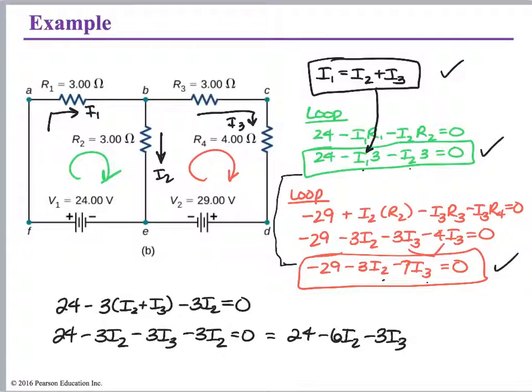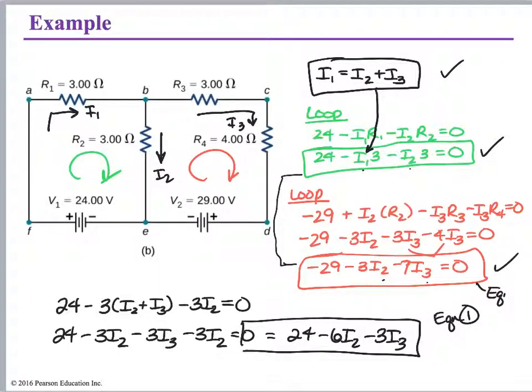Okay, so now I'm going to work with this as equation 1, and I will also work with this as equation 2. So let's continue that on the next page.